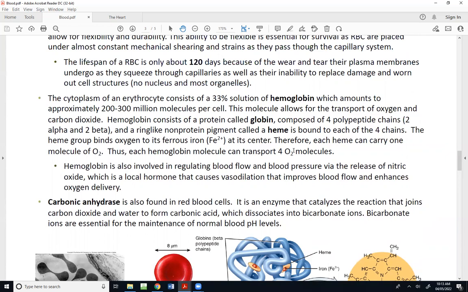Okay, and hemoglobin is also involved in regulating blood flow and blood pressure by releasing a hormone called nitric oxide, which is a local hormone that promotes vasodilation and improves blood flow and enhances oxygen delivery. But as I mentioned, hemoglobin's primary job is to carry oxygen.